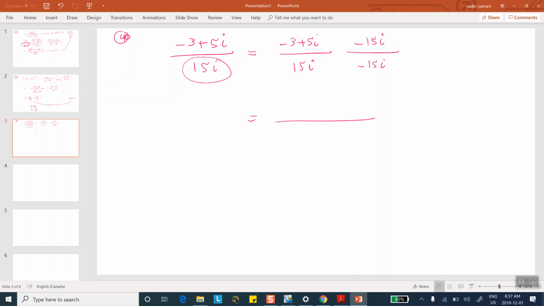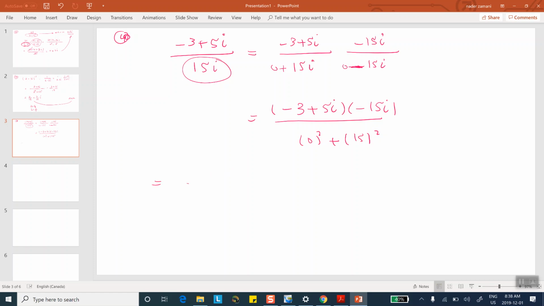Now, the beauty of this is that the denominator is going to be 0 squared plus 15 squared, because you can think of it as 0 plus 15i. And the top, let me patiently write it, is minus 3 plus 5i times minus 15i. We have to clean it up though.